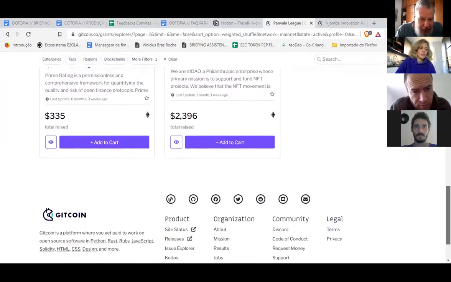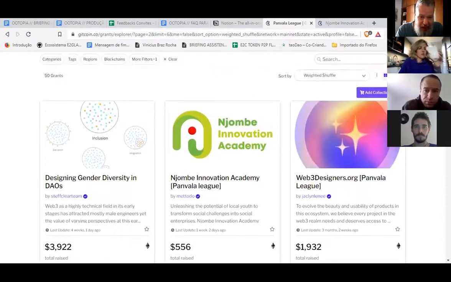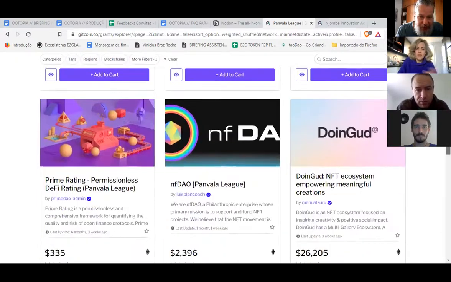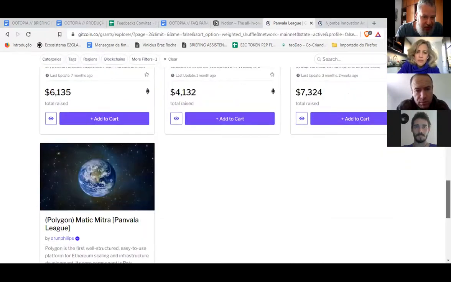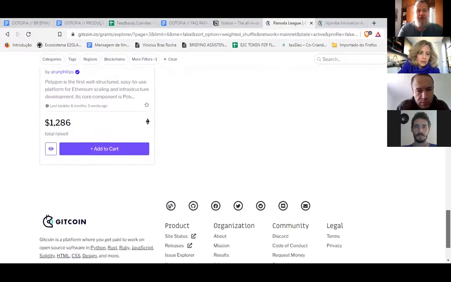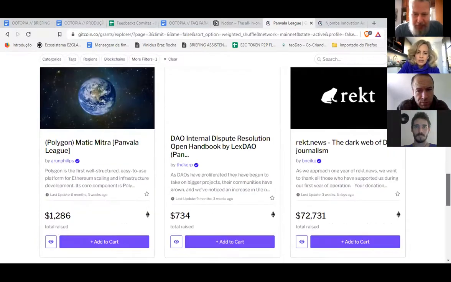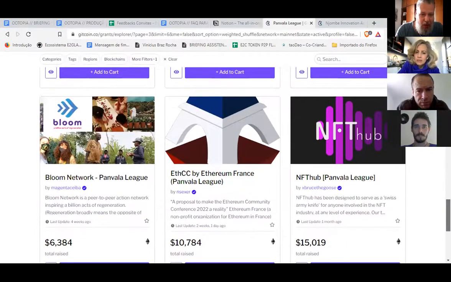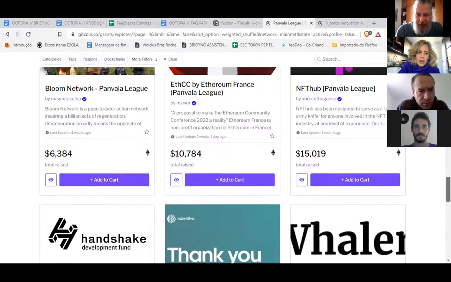So this collection here has about 3, 4, 6, 7, 8. Wow, almost 10. There are 15 total. Yes, 15. We are 50 communities in Panvala League right now, and more are coming. Wow. That's huge.